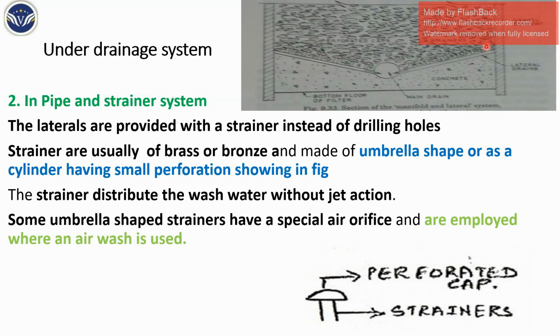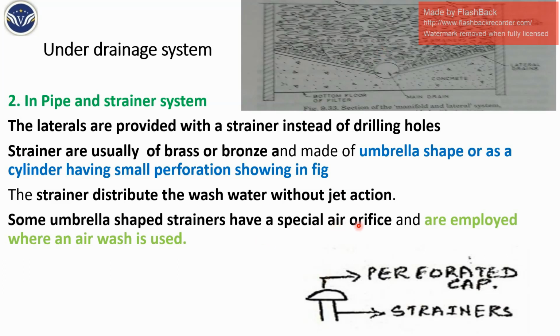Here the wash water comes out from this drain without a jetting action. If there is a jetting action, it disturbs the filter media, so jetting action should not be there. It has a non-jetting action.